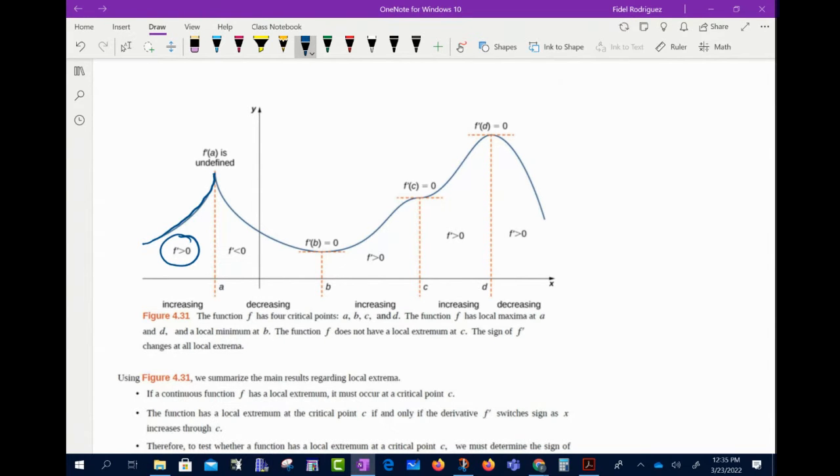If you notice from here to here, the function is going down. Therefore, the first derivative is negative. The function begins to increase again, and it levels out right here, but then it increases again. So the derivative again happens to be positive. And then the function starts to fall down.